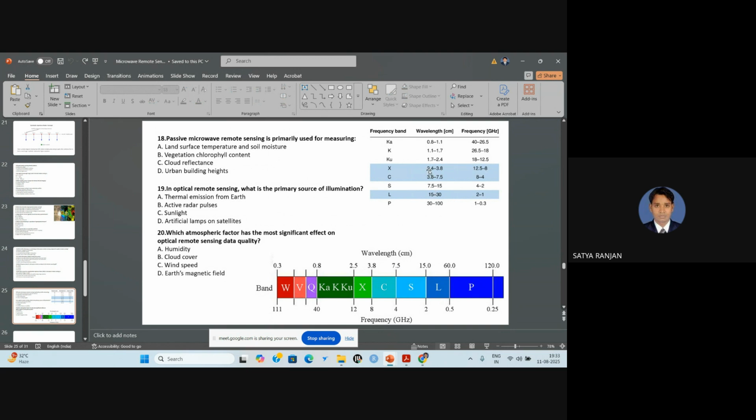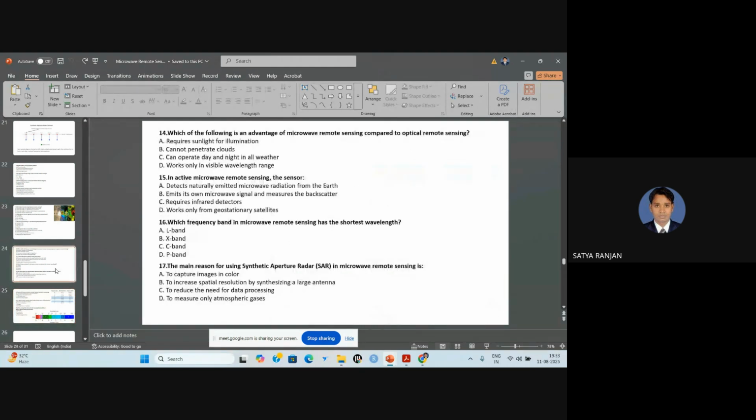X is 2.4 to 3.8. Then C is greater than X; S, L, P are all greater than X. Only K, Ku and Ka are smaller than X. That's why X is the smallest. L, C, P are largest.